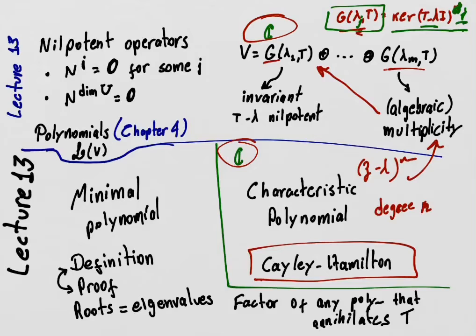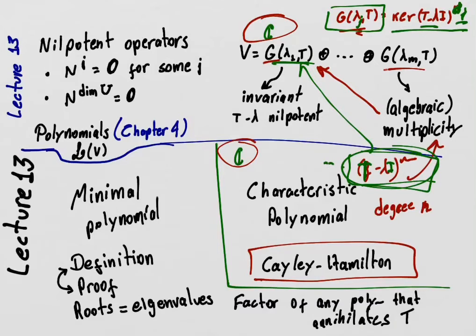And that's why when you apply this characteristic polynomial, which is a product of terms like this, to the operator t, you get the zero operator. Because each term like this, when you put t here and apply it to the corresponding generalized eigenspace, will be zero on that eigenspace.